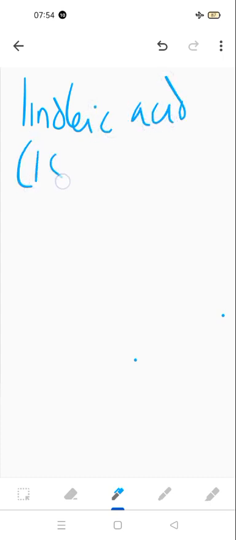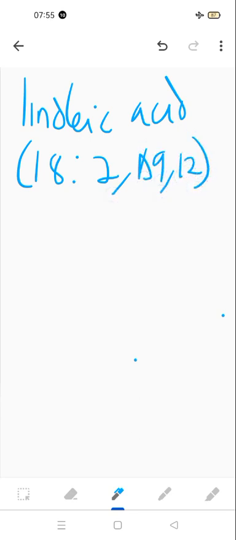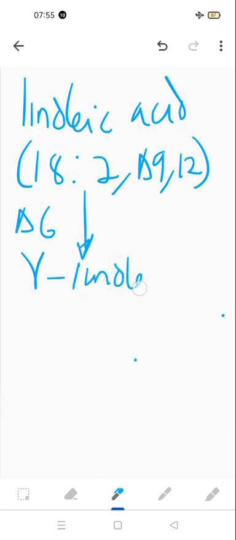which is an 18 carbon fatty acid with double bonds at carbon 9 and 12. So this linoleic acid is going to be desaturated. That means it's going to be oxidized by the desaturase enzyme, specifically at carbon 6, to give gamma linoleic acid.